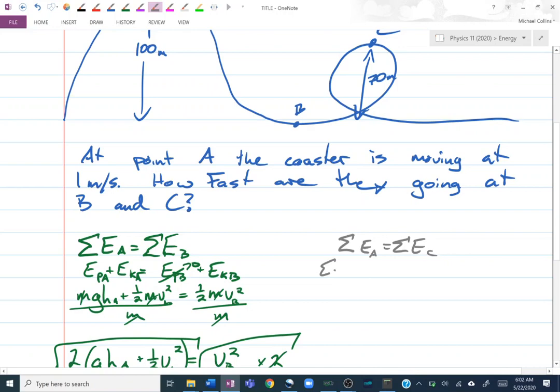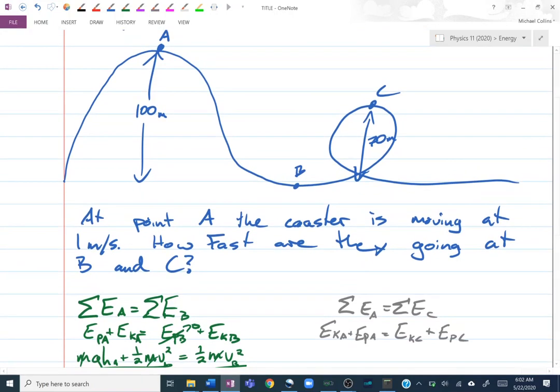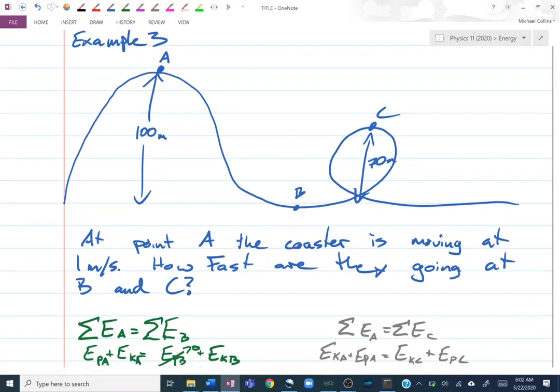I've got at A, I've got kinetic energy, and I've got potential energy, which means the energy kinetic at C plus energy potential at C. So I look at A, again, we just talked about this during the previous part. I am moving at A, so I have kinetic energy, and I'm not at the ground, so I have potential energy as well.